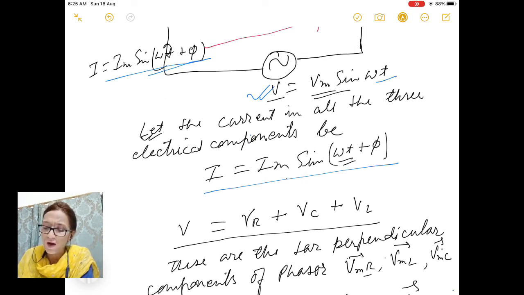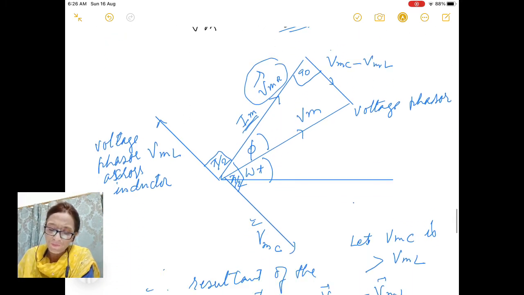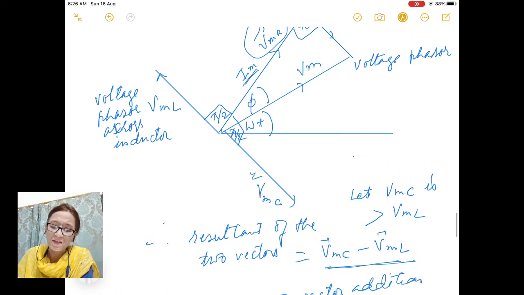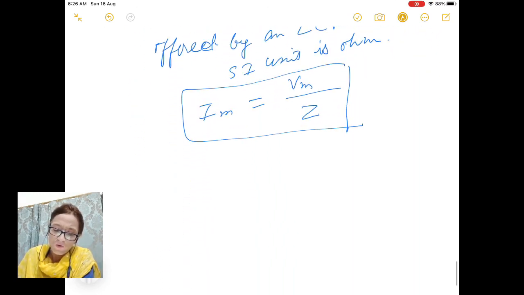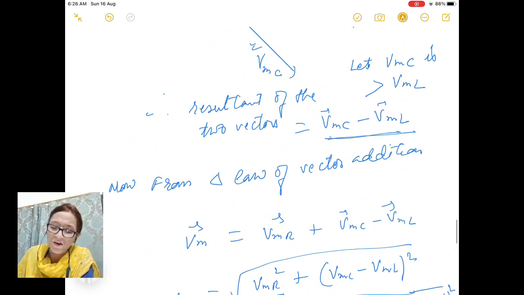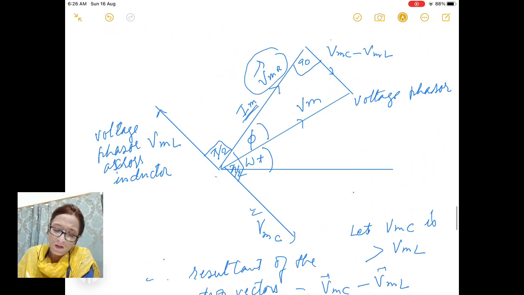Now we need to find the phase angle phi between the current and the voltage. So from the given triangle, let me name the triangle OAB.